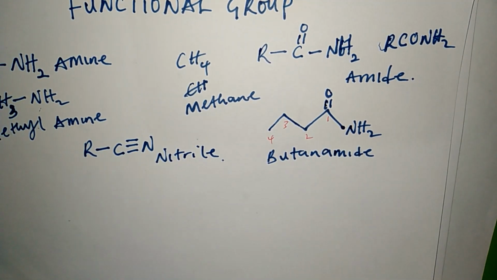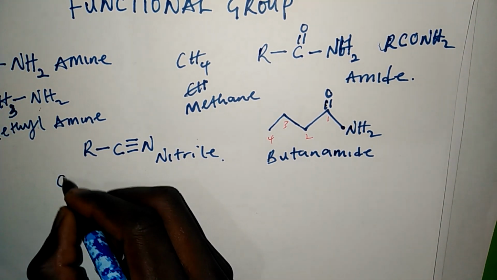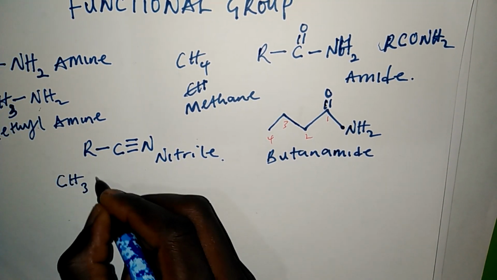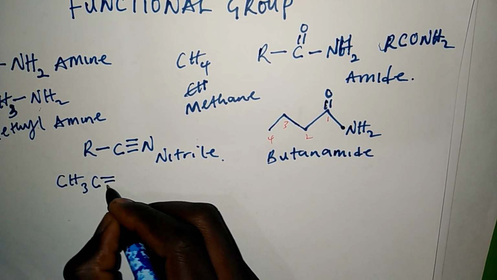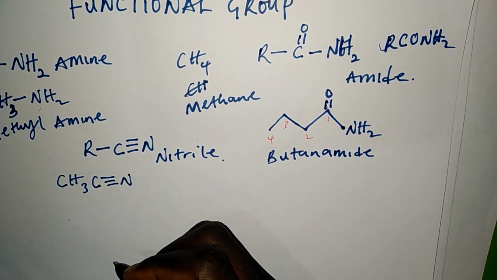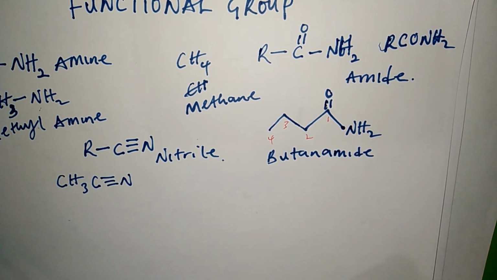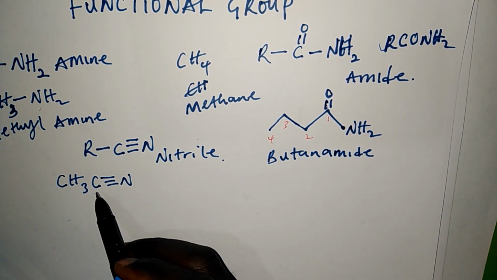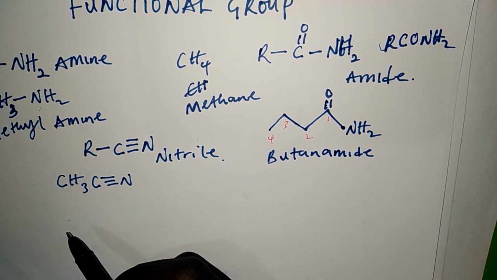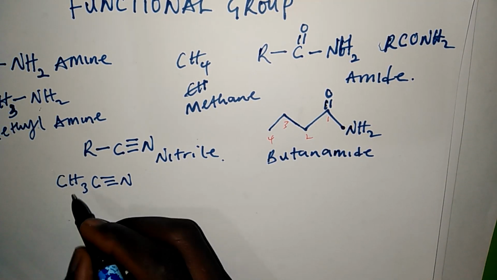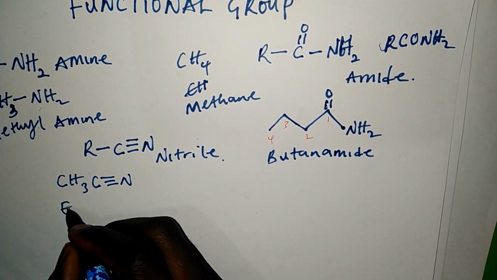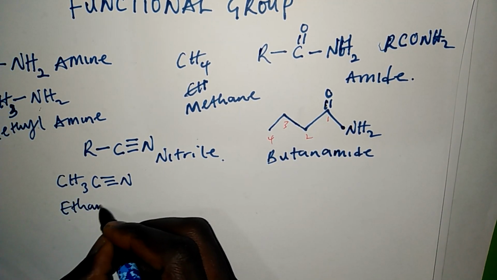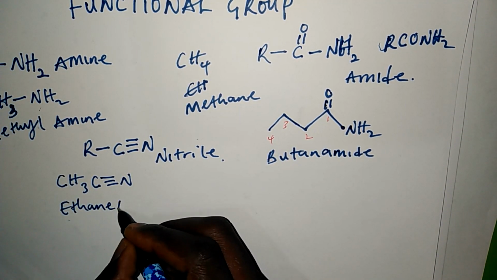Let's take an example: CH3, C, triple bond, N. To name this, we count the number of carbons in the chain. We have 1, 2 carbons, so that's ethane. So we're going to write ethane nitrile.